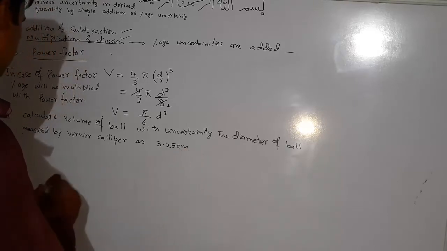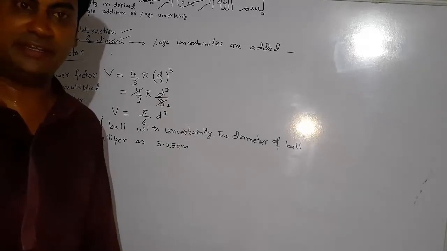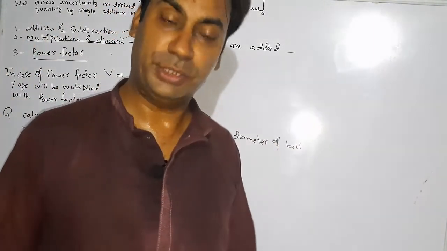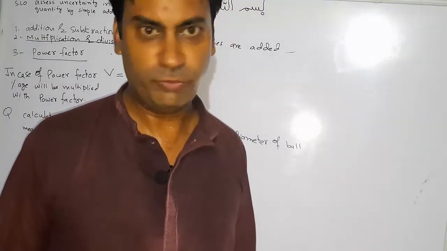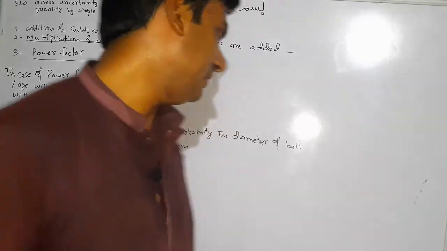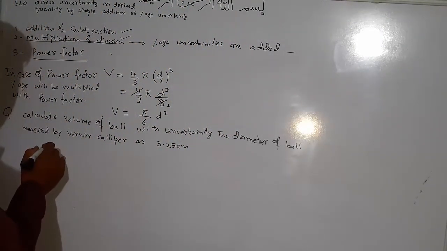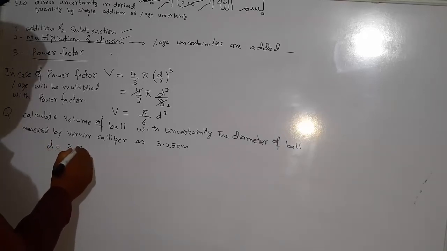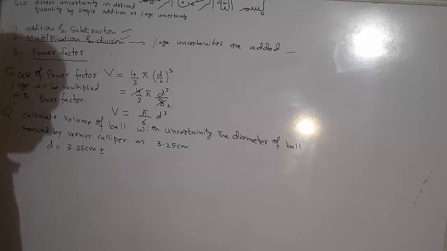We have to calculate it, and nothing is given right here about the absolute uncertainty. You must remember the absolute uncertainty or the least count for the vernier caliper, that is 0.01 centimeter. So the diameter we have is 3.25 centimeter, and we write plus minus how much?